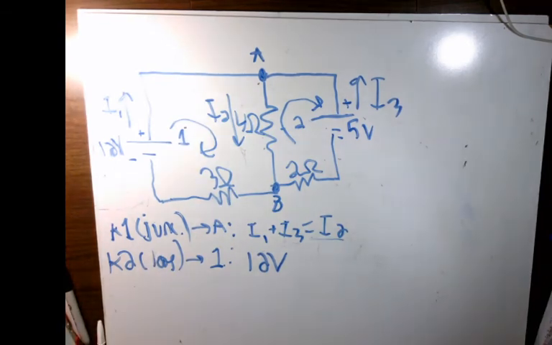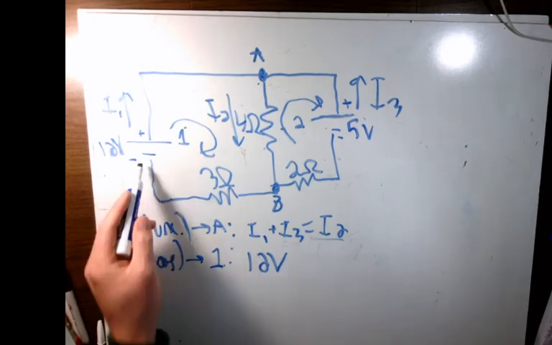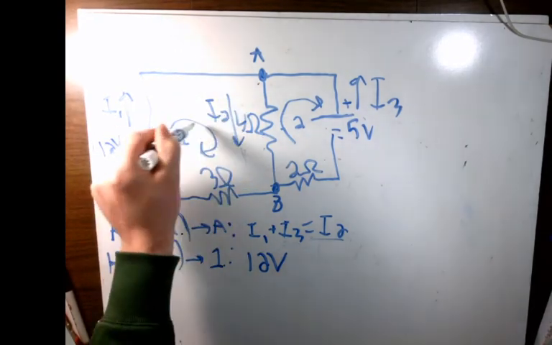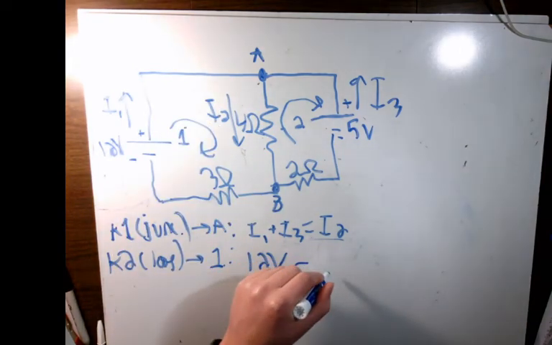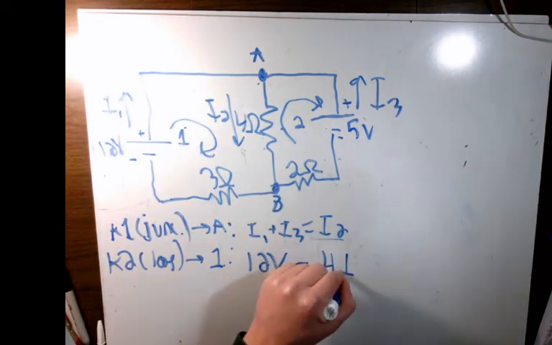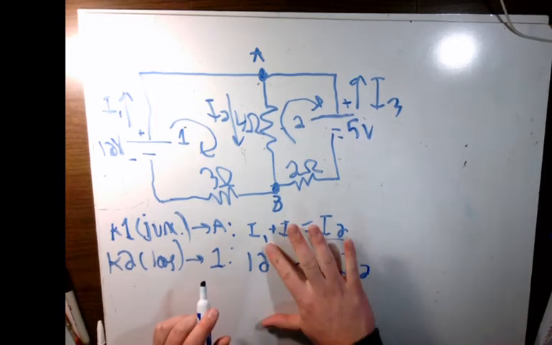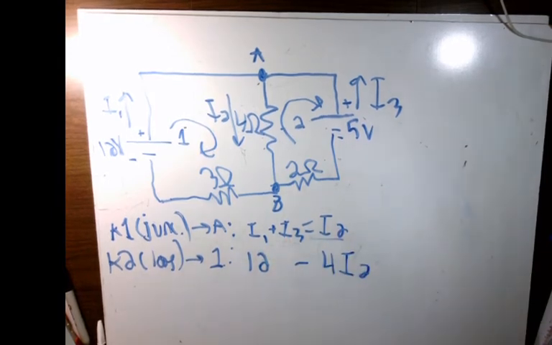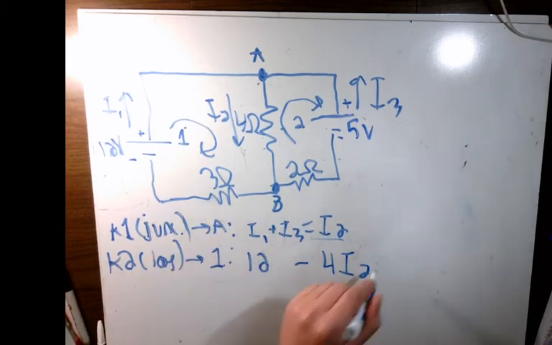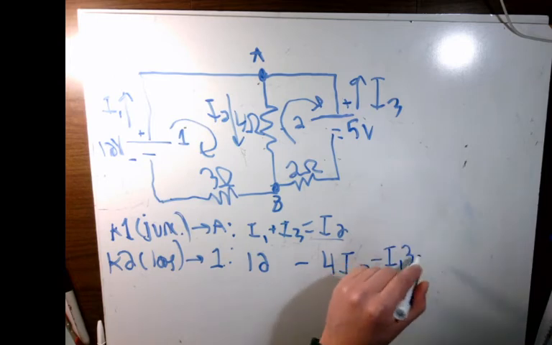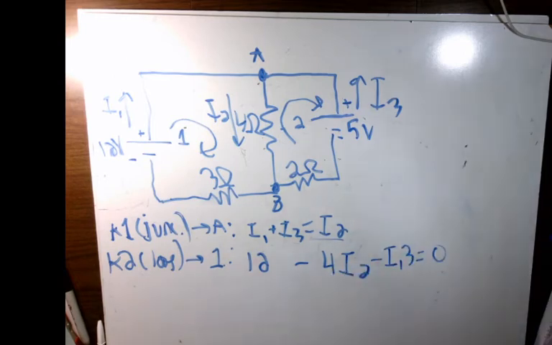Maybe it'll screw up my math, but it shouldn't. So 12 volts from here, and then we have a drop because we have our current in the same direction as the loop. So that will be minus 4 ohms times I2. I'm just going to drop the units altogether on this example. And another drop of 3 times I1. That'll equal 0. I need to conserve my room a bit better.